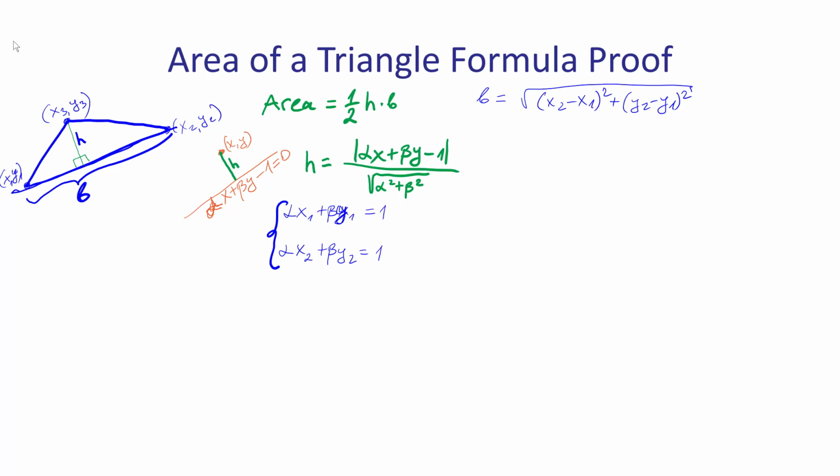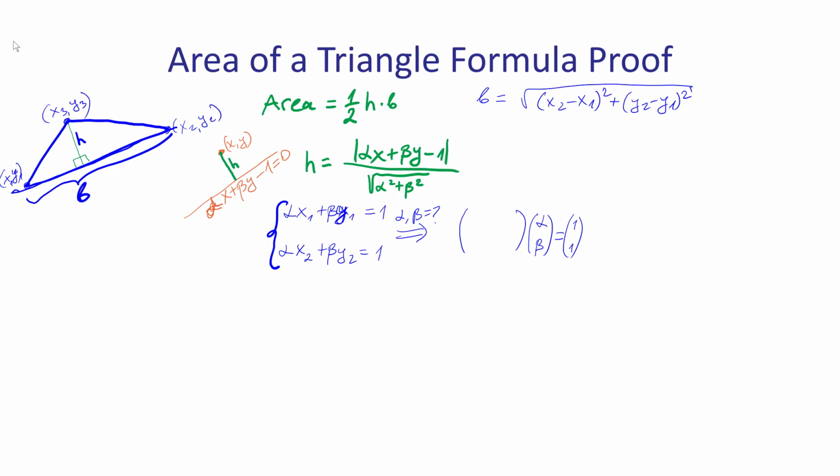Now, for the solution of those two equations, we need to find alpha and beta. To remind you how we solve a system of linear equations, we write it with matrices. Technically, we write a matrix multiplied by the vector of unknowns that we want to find, which are alpha and beta, equals the vector of free coefficients, which is 1 and 1 in that case.